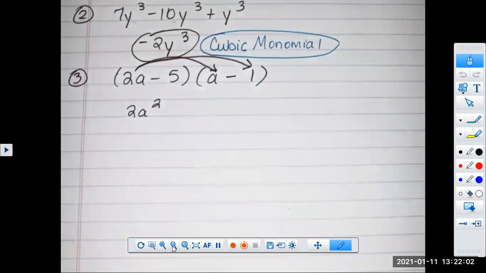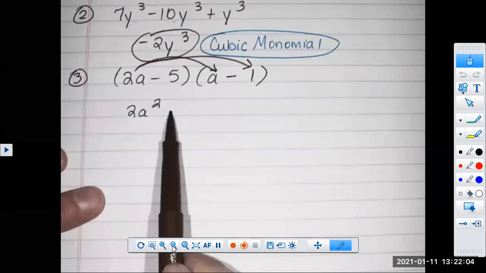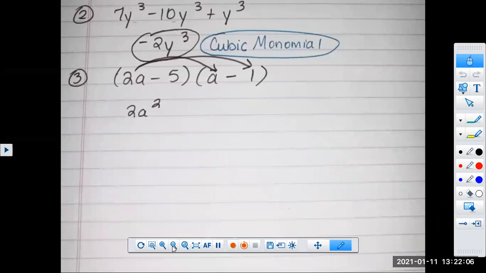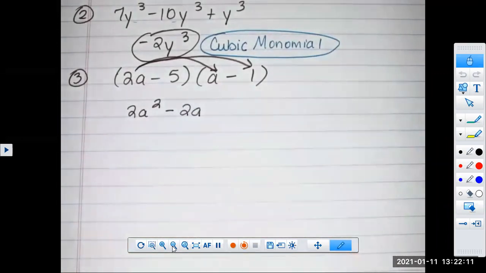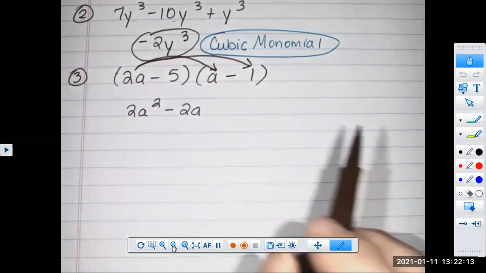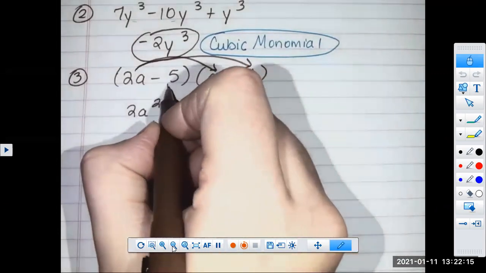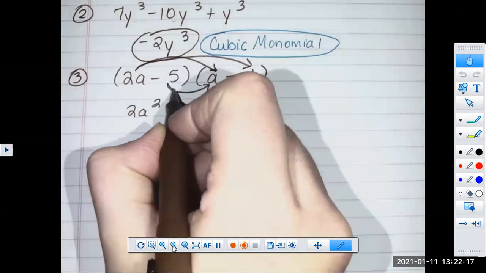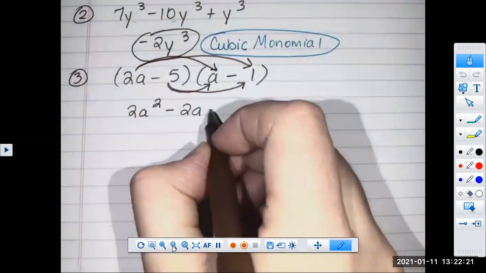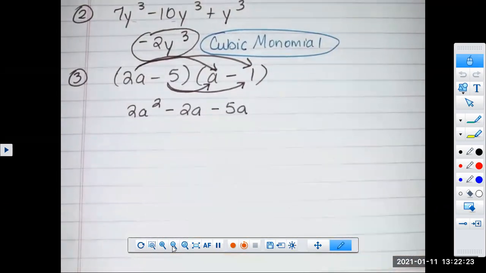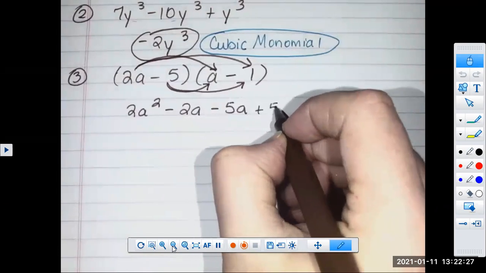So you get 2a squared, and then what's my next term? Good, minus 2a. Then you have to make sure that you distribute negative 5 to a and negative 1. So now you have minus 5a plus 5.